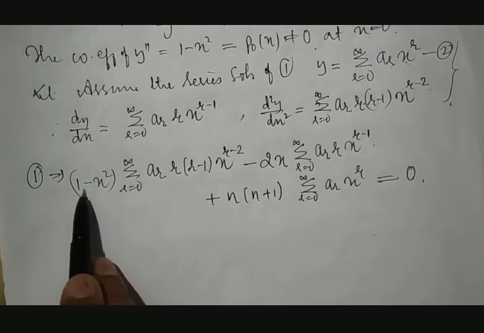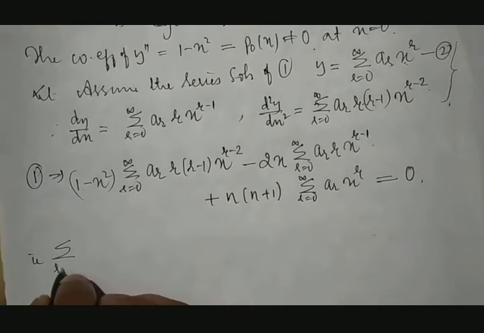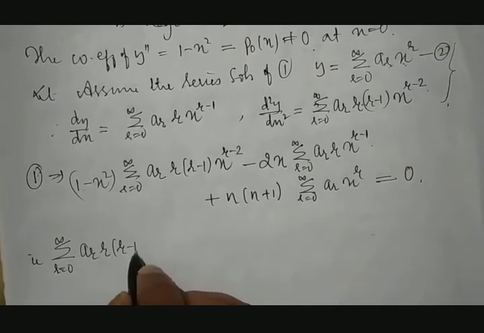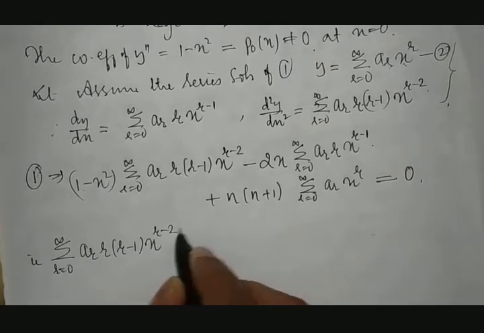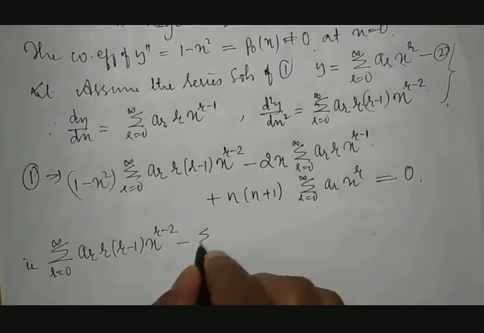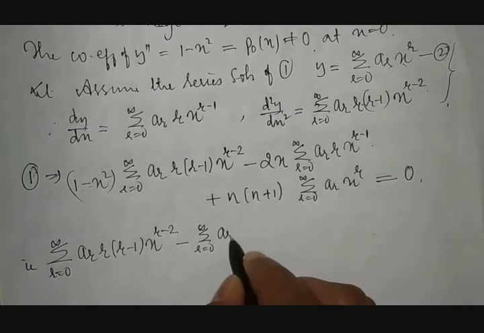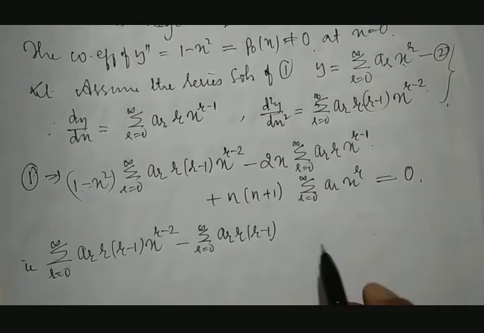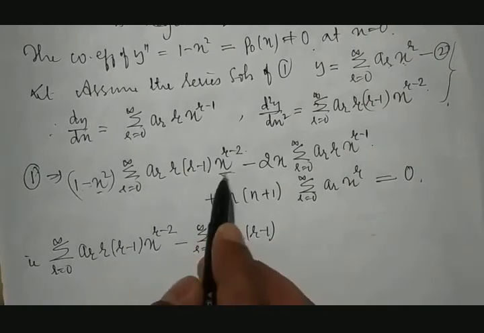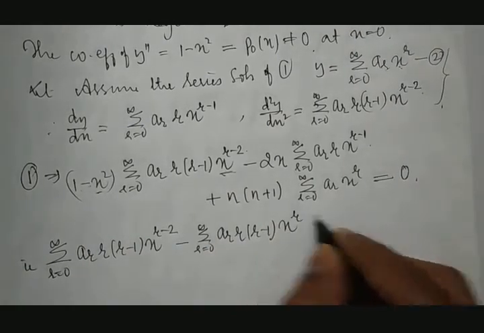It becomes 1 into the whole term, summation from r equal to 0 to infinity a_r r (r-1) x^(r-2), then minus x² into this: minus summation from r equal to 0 to infinity a_r r (r-1), where a_r, r and r-1 are constants, but x^(r-2) into x² becomes x^(r-2+2), that is x^r.